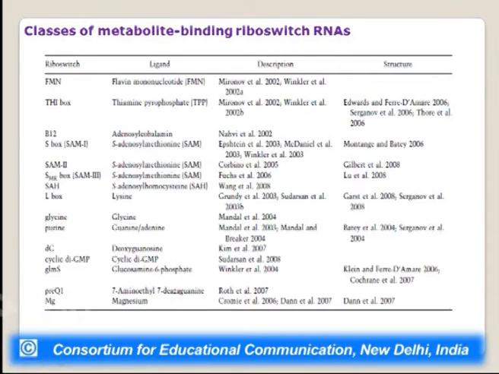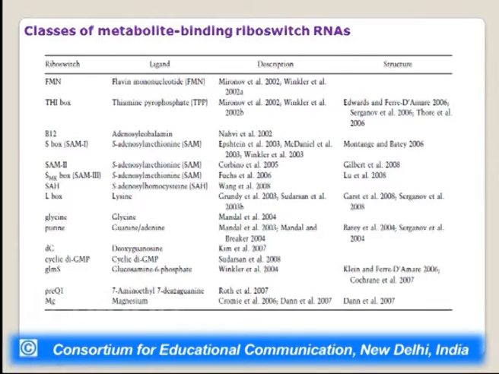Then there are purines which can act as ligands for the riboswitches such as guanine and adenine. Then there are certain other ligands or metabolites which can also act on the riboswitches such as cyclic di-GMP or glucosamine 6-phosphate.